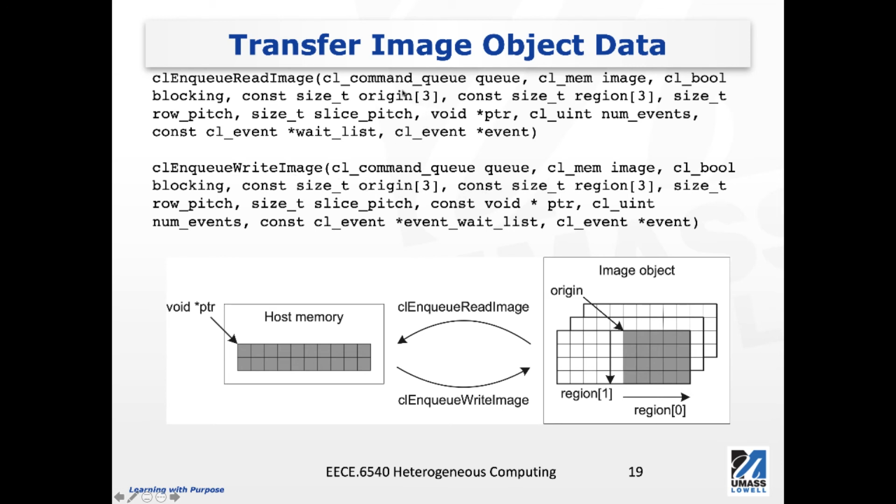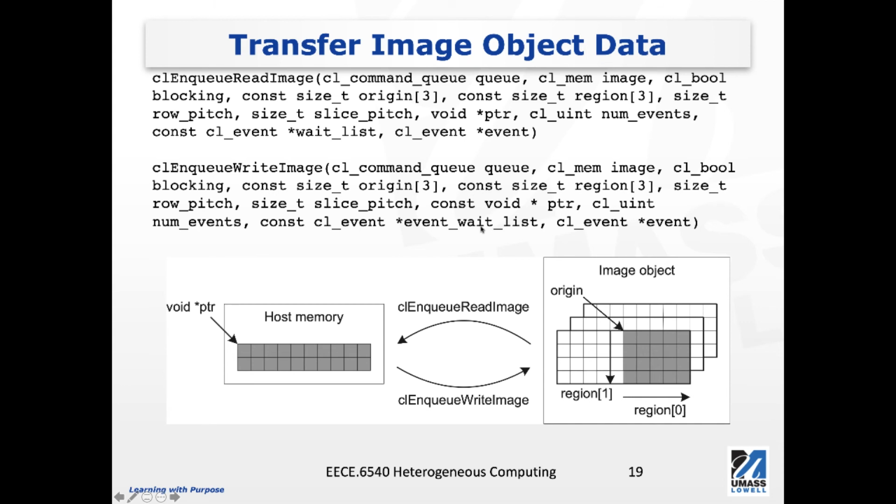The first arguments, the queue, the memory object, and blocking or non-blocking, are the same, but we now have a few more arguments specific to the image object: origin, region, row pitch, slice pitch, etc. These are specific for image objects because, even though in memory you can view an image as a linear array of bytes, conceptually image objects are organized in terms of slices and pitches, and in each slice we can say we want a small region, a part of this image.